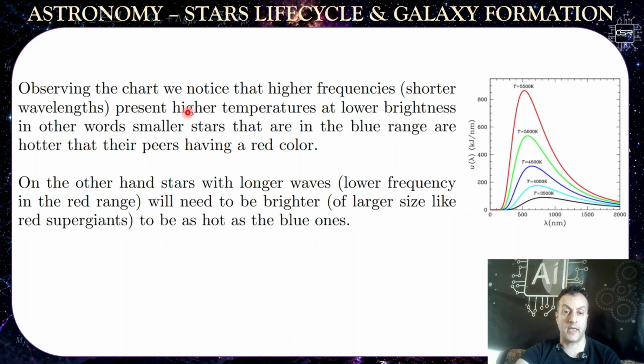Observing the chart, again, we notice that higher frequencies, shorter wavelengths, present higher temperatures at lower brightness. In other words, smaller stars that are in the blue range are hotter than their peers having a red color. On the other hand, stars with longer waves, meaning lower frequency in the red range, will need to be brighter, of larger size, larger diameter of disk perceived or detected from the Earth, like red supergiants, to be as hot as the blue ones.